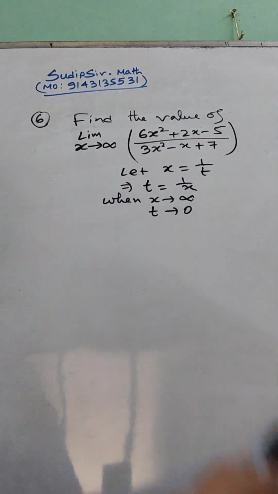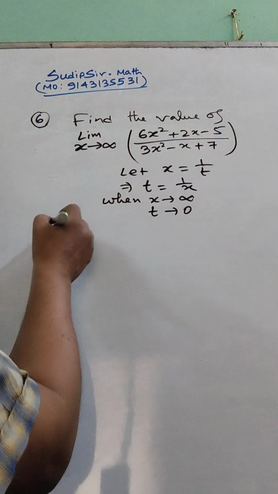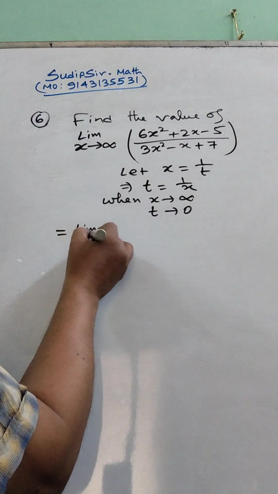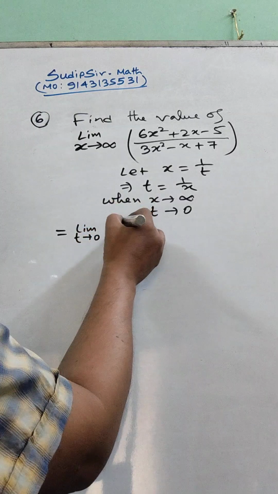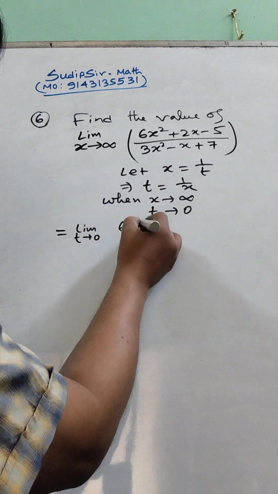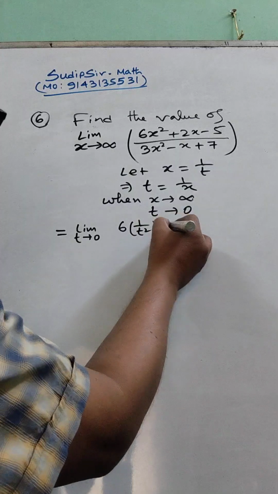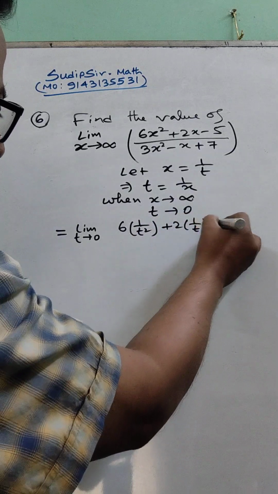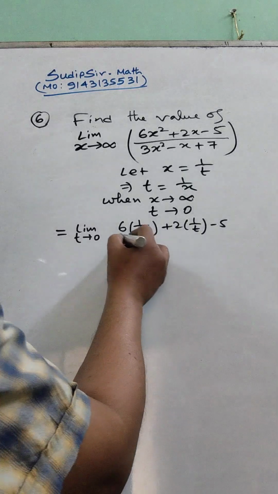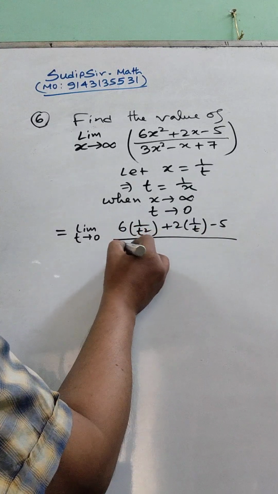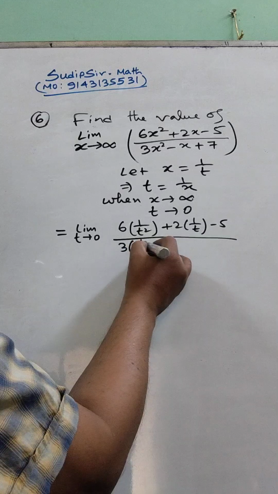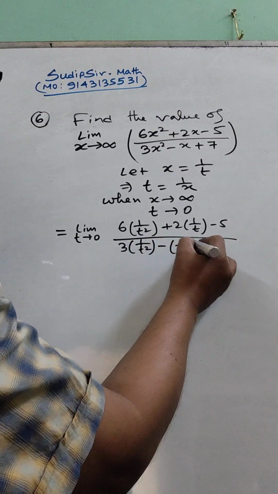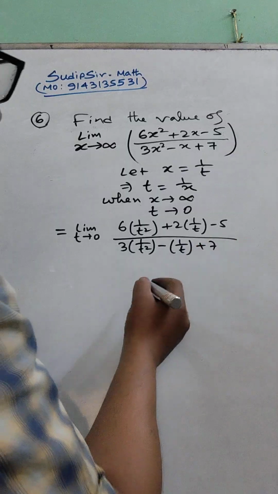Now put this value. Limit t tends to 0, 6 into 1 by t square plus 2 into 1 by t minus 5 by 3 into 1 by t square minus 1 by t plus 7.